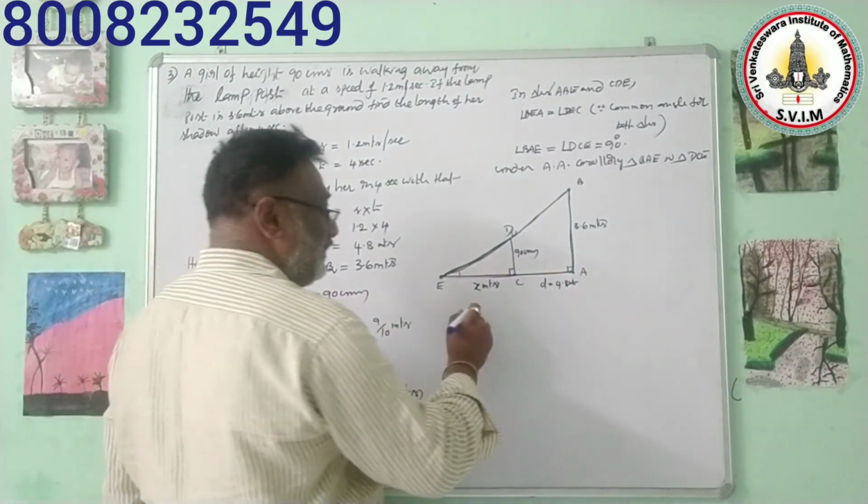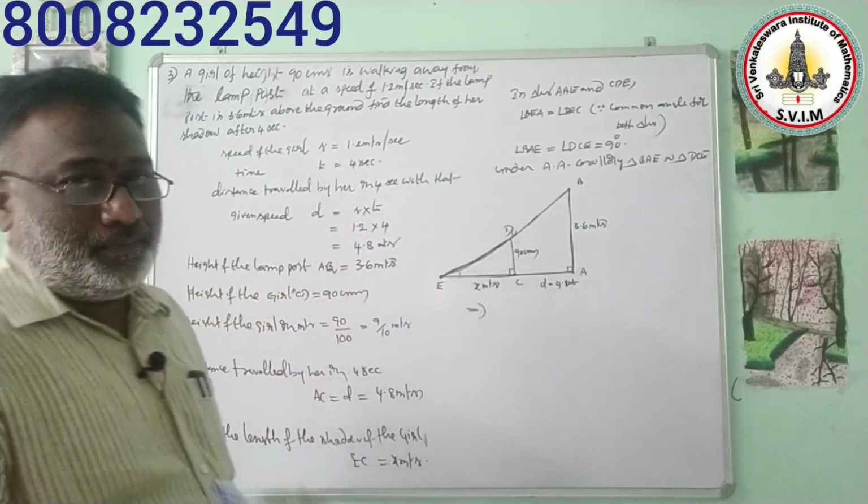In similar triangles, corresponding sides are in proportion.